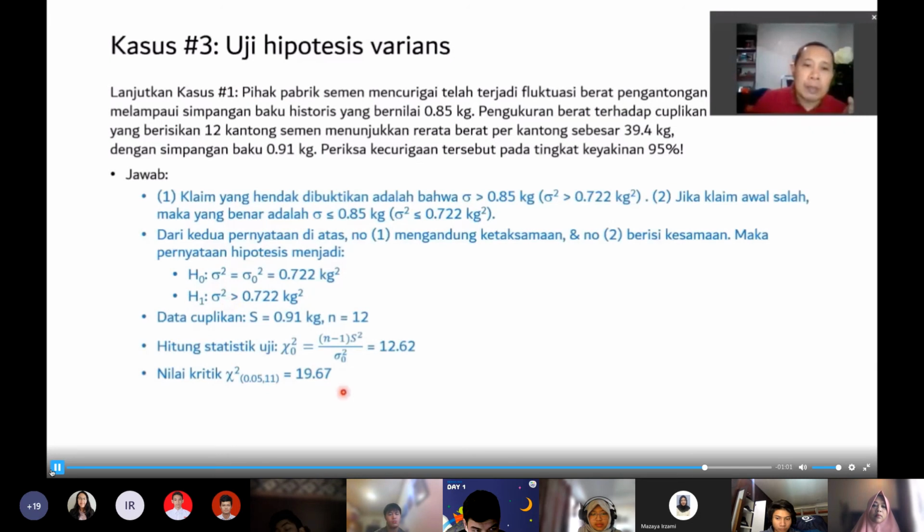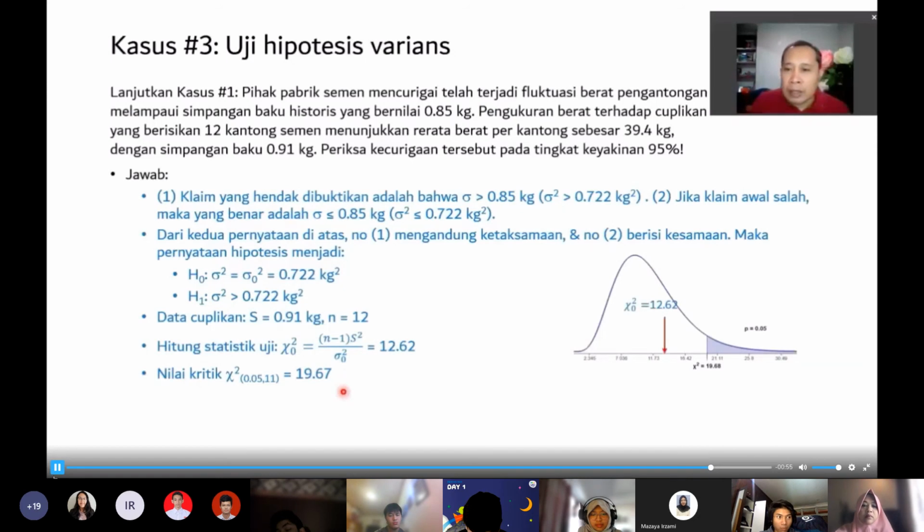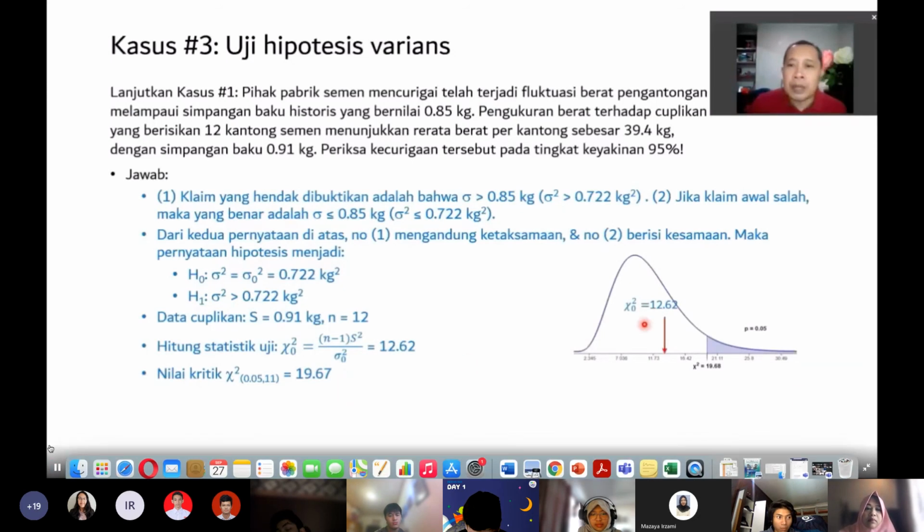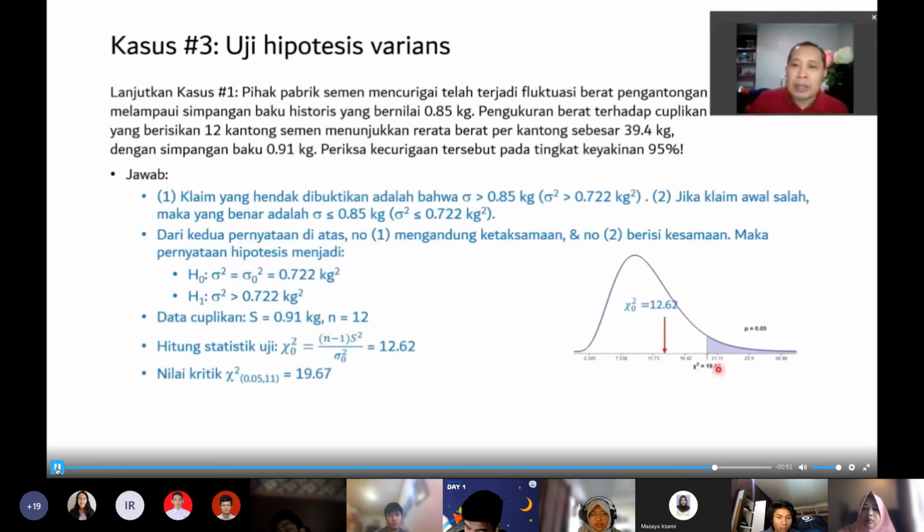Nilai kritiknya adalah 19,67. Nah, bagaimana posisi relatif antara statistik uji dengan nilai kritik kalau kita gambar dalam distribusi chi-square seperti demikian. Jadi ini adalah nilai kritiknya, dan daerah yang diarsir ini luasnya adalah 5%, satu sisi sebelah kanan sesuai dengan H1. Kemudian statistik ujinya letaknya di sini, 12,62.